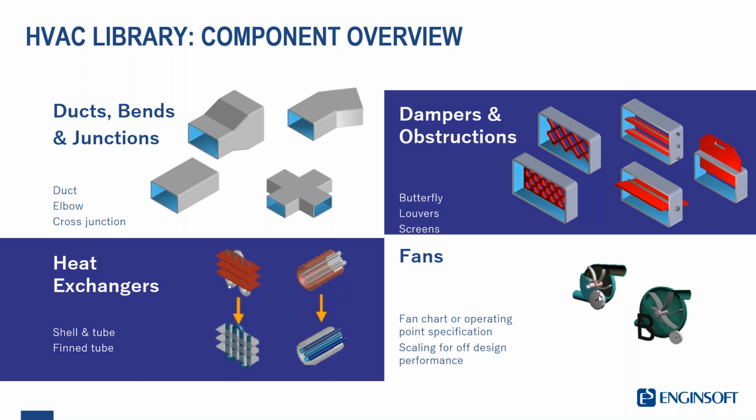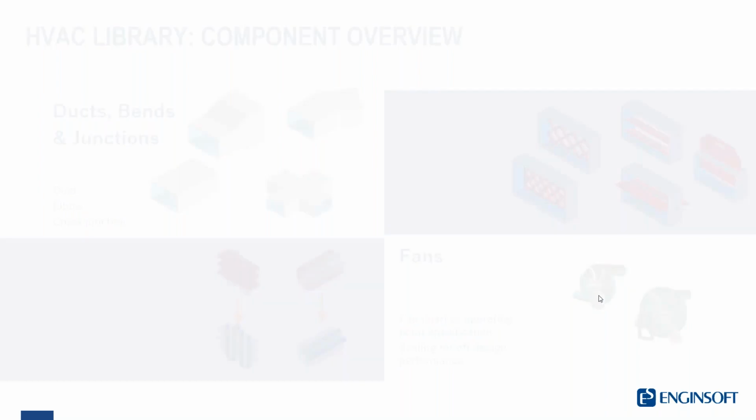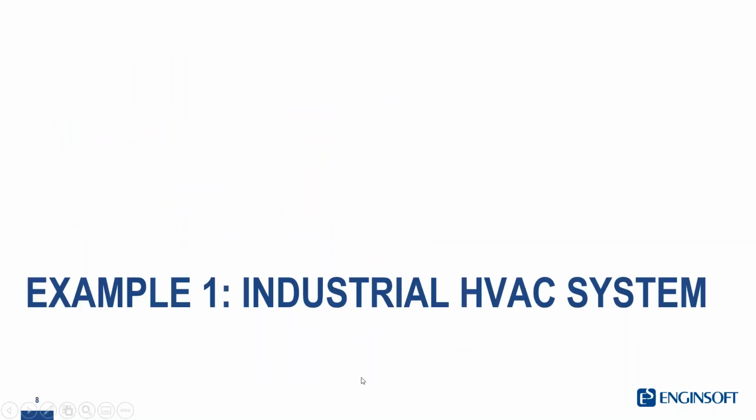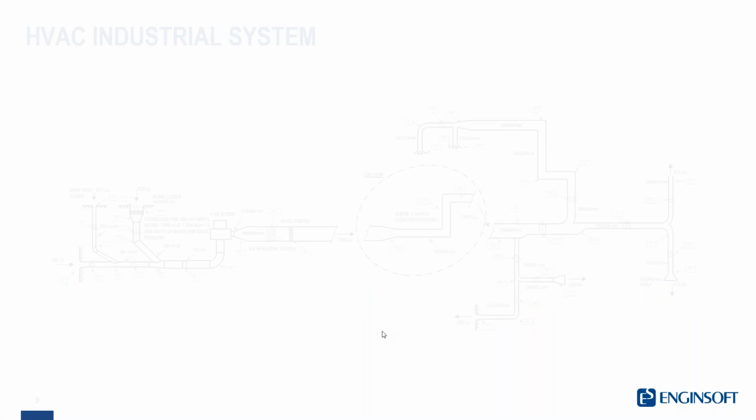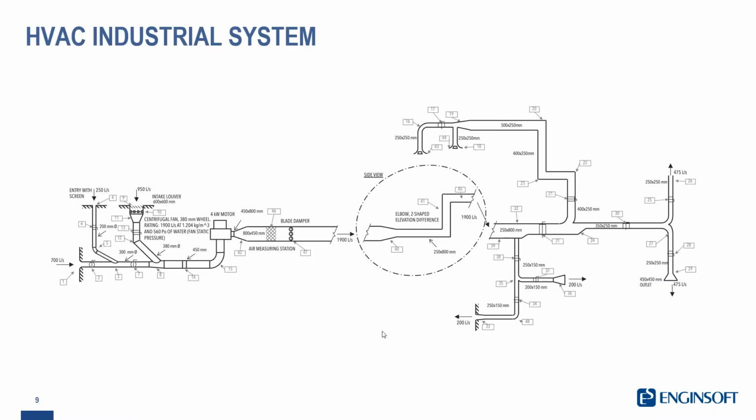Okay, let's have a look at a first example. To go more into the details about this kind of system, in this first example we have an industrial HVAC system that is really complex. You can see that you have an inlet section with a specific mass flow, and then you have secondary lines, fans, different dampers, elbows, and a really complex distribution of ducts.